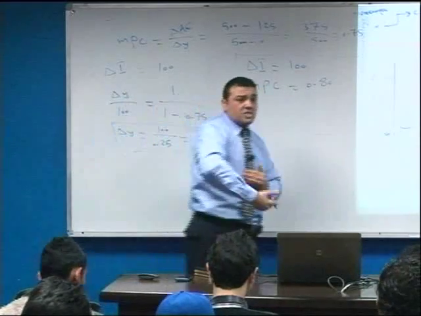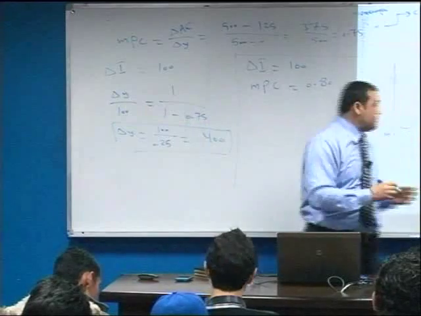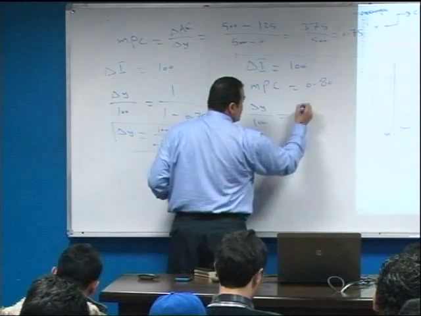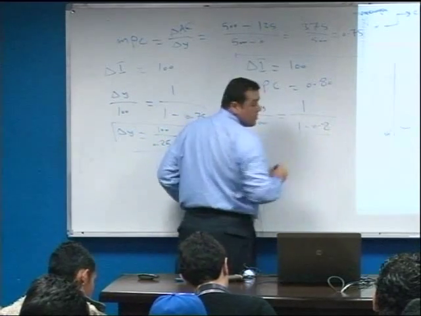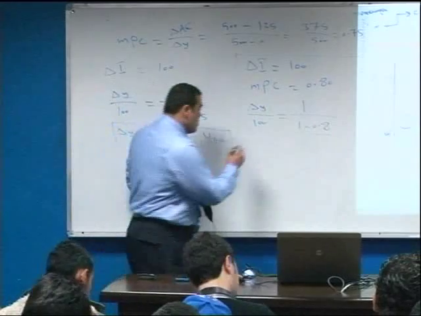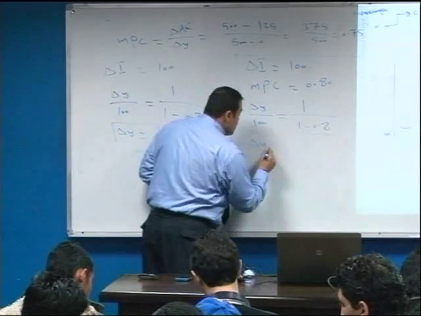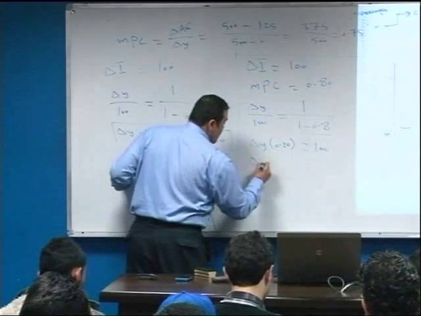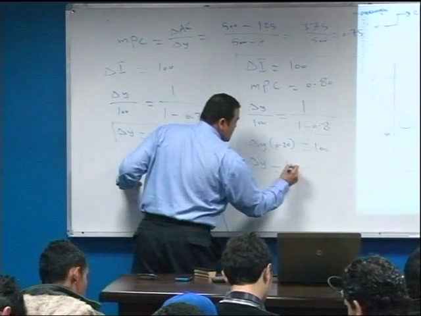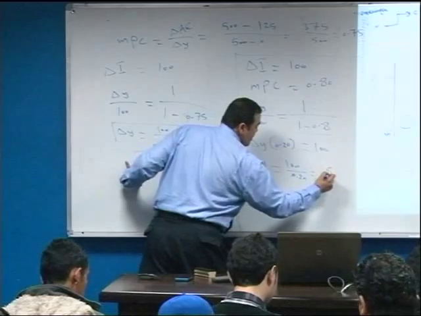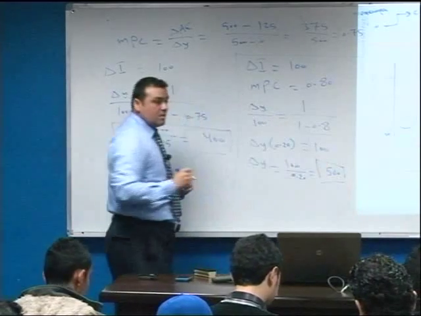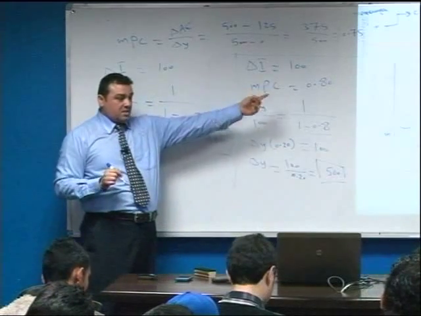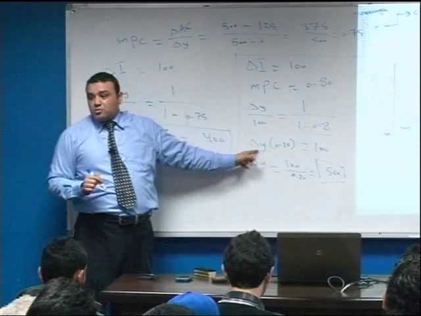Calculate the change in aggregate output. So delta Y over 100 million equals 1 over 1 minus 0.80. So delta Y times 0.20 equals 100. So delta Y equals 100 over 0.20, which equals $500 million. Right? So this means if the MPC increased, the aggregate output would increase.